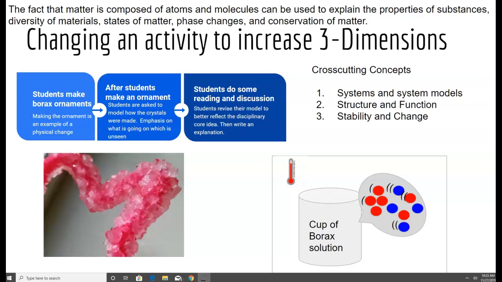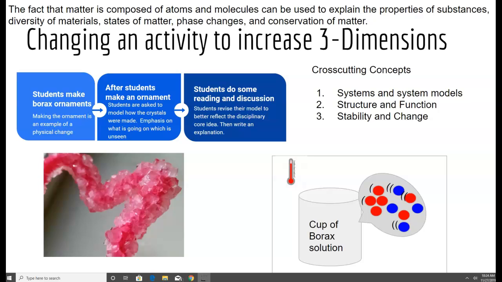But once we were done with that, then we were prepared to do some reading and some discussion in class because students had already thought through these ideas. Then of course they're interested in seeing if they're correct or incorrect. So they're more engaged in class discussion, especially when they know that we are going to go back and be given an opportunity to revise these models.